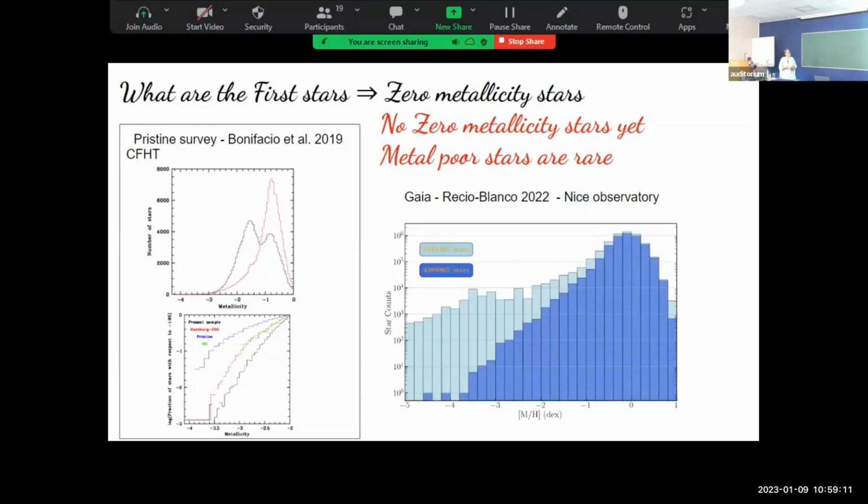And this is the metallicity distribution from the Pristine survey, which is from the Canada-France-Hawaii Telescope. You can see they are very rare; the distribution really drops. And this is the recent one from Gaia. This is the distribution of metallicity. You can see the metal poor stars are few.